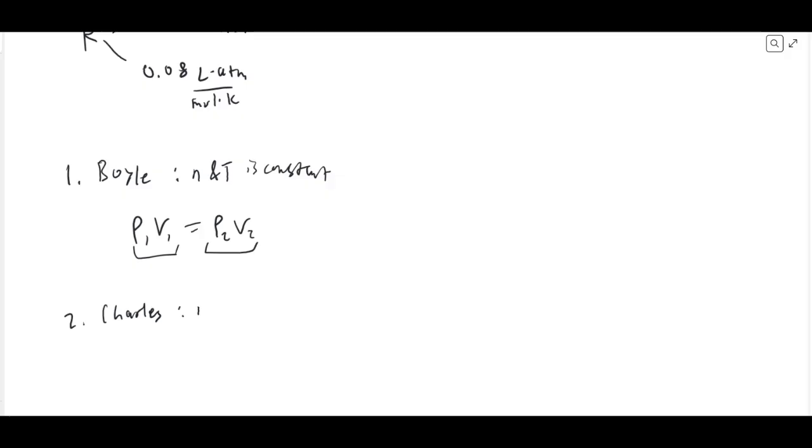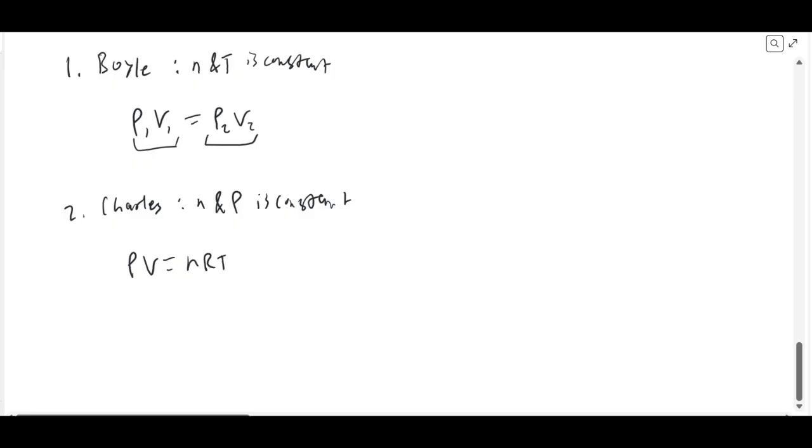The next law is Charles' law. For this, the number of moles and pressure are constant. Looking back at this equation, we can get rid of P, N, and R. We can move this here by dividing both sides by T. We can get V over T or T over V, however you want to see it.